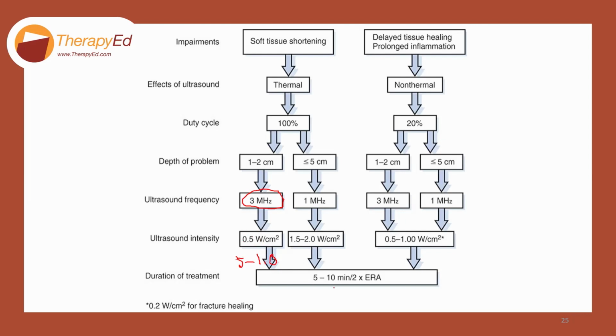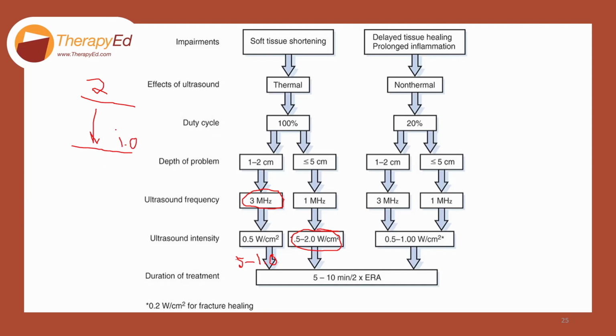In an area 2 times the size of the ERA, which again is the effective radiating area. And then the intensity with 1 megahertz needs to be higher to get a thermal effect all the way down to the base. Because again, this is going to be the skin surface. If I apply 2 at the skin surface, then by the time it gets to half of the distance it's supposed to penetrate, you've only got 1.0 because of all that attenuation.